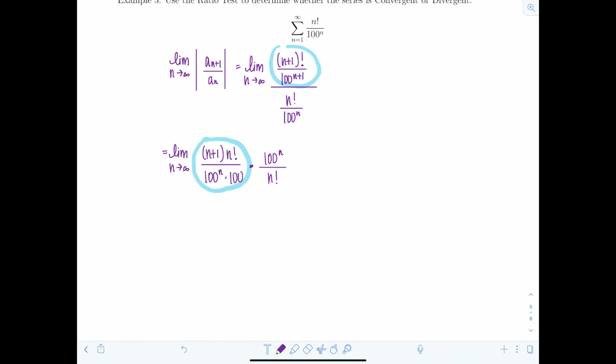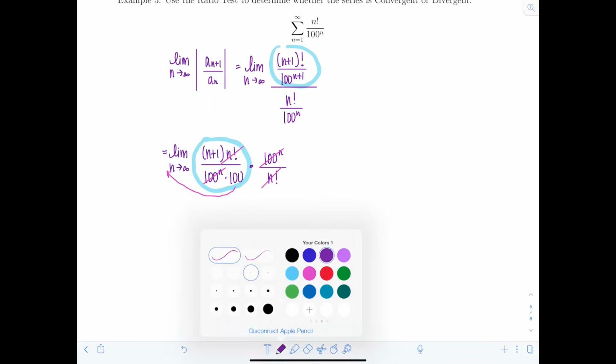Okay? So see here, the n factorial cancels out so nicely because we applied the ratio test. So I just have that little n plus 1 surviving in the numerator. And then I can also cancel out 100 to the n. All right. And then similarly to last time, if you want to pull that 100 outside of the limit, you can do so.